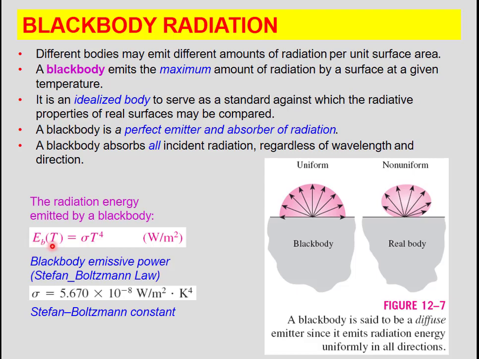This is radiation energy actually. E_b at temperature T equals sigma times that temperature to the power 4. This sigma is the Stefan-Boltzmann constant, and it is equal to 5.67 times 10 to the power negative 8 watt per meter squared times K to the power 4.